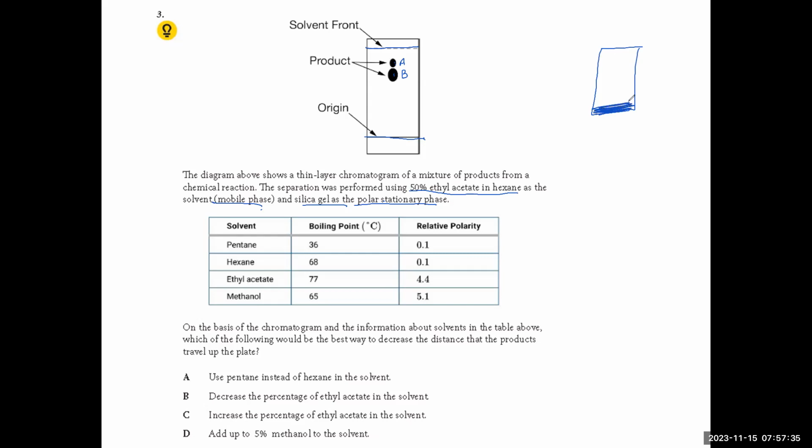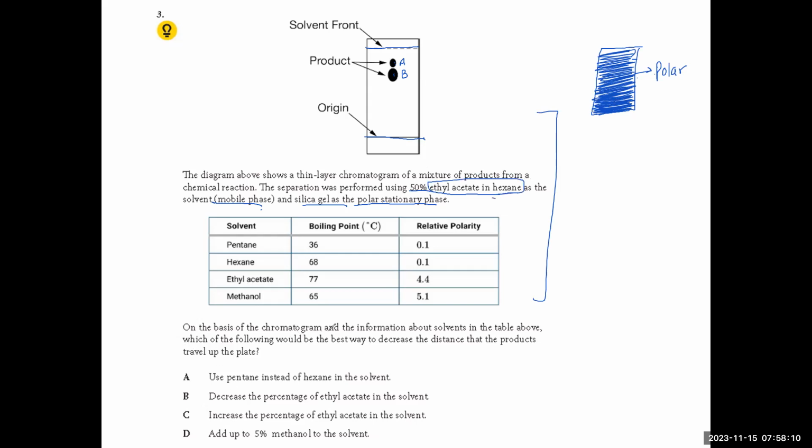You make a paste of silica and put it on this glass plate, and dry it completely. Now, this silica gel, which is actually SiO2, is very polar. Now, this is not paper, this is silica gel. I think they have picked this example from there. Now, we are not using it much. So this is silica gel, which is polar, and the solvent is this, right?